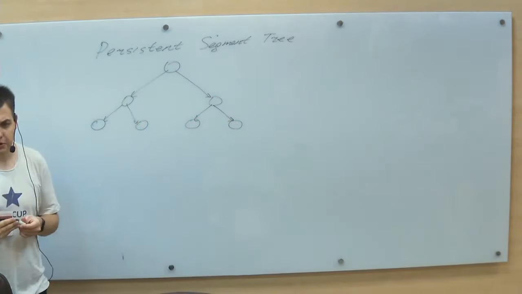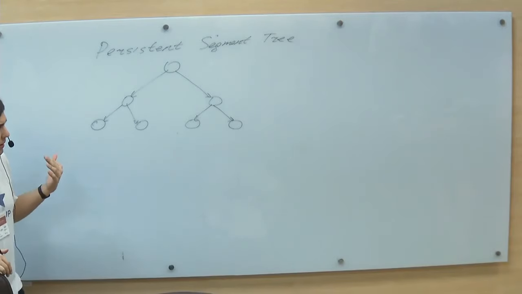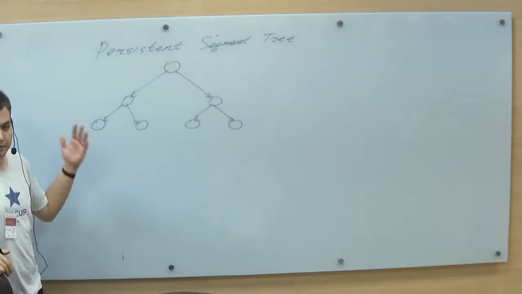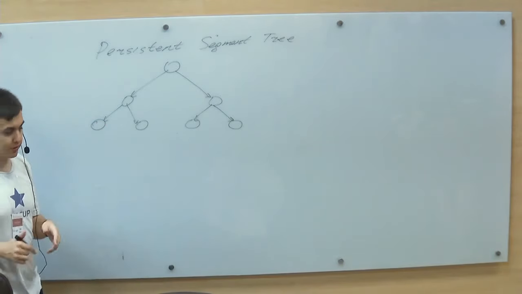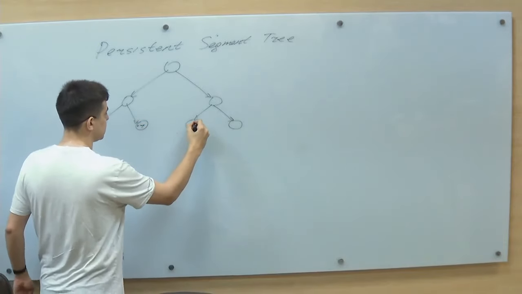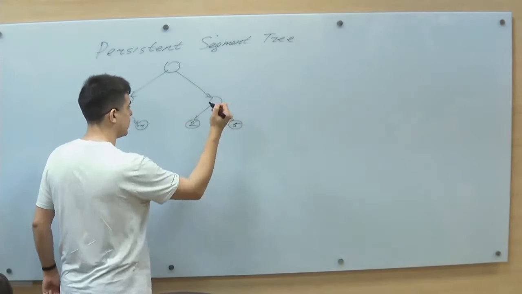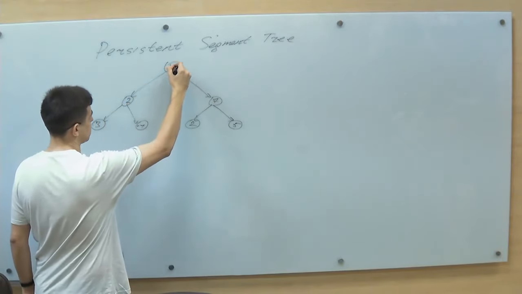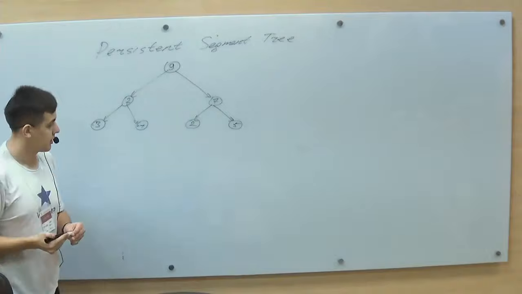The exact operation here doesn't matter, but we can think that it may be a sum of all elements in the subtree. So for example, here 3, minus 1, 2, 5. Here the sum is 7, here the sum is 2, and the total sum is 9.